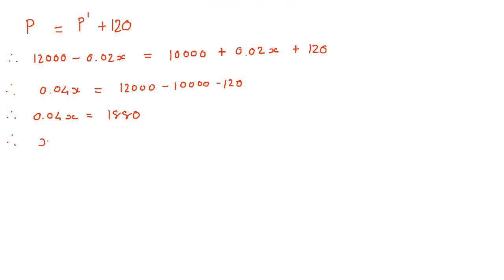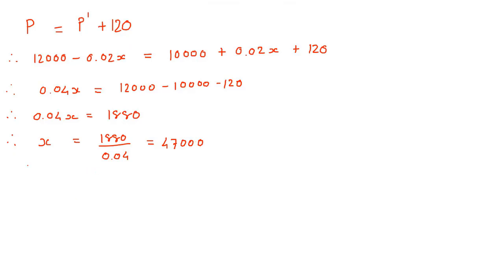Therefore, X will be equal to 1880 by 0.04. Calculating this, we get 47,000.